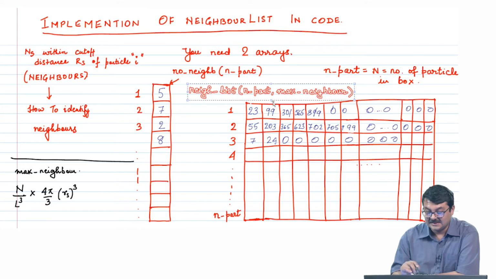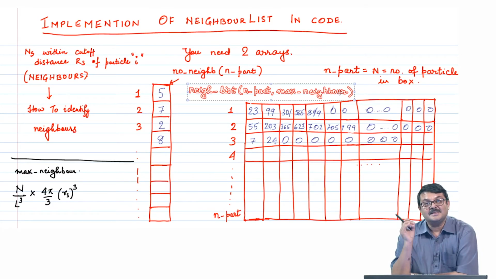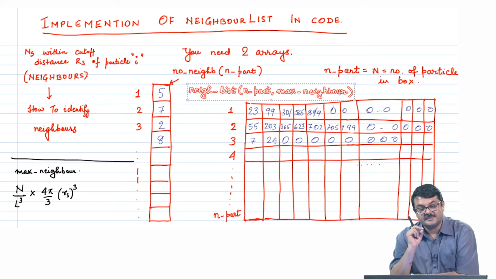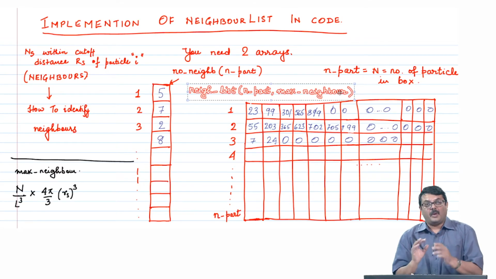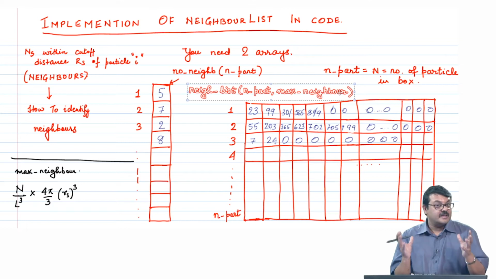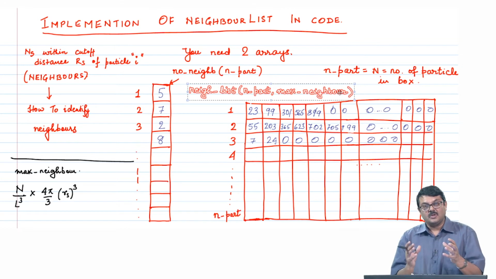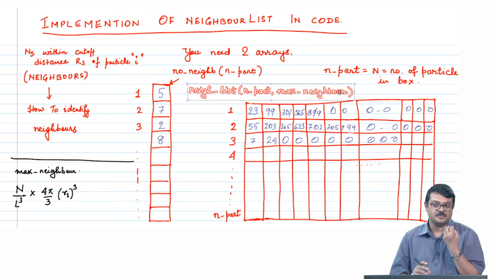What is max neighbor? It is the maximum number of neighbors that any particle could have. Why max neighbor? Suppose you have Lennard-Jones interaction at a particular temperature. There are attractive interactions, so at a certain point in space you may form a cluster of Lennard-Jones particles.